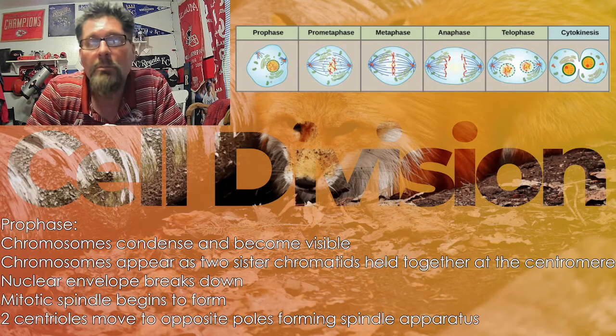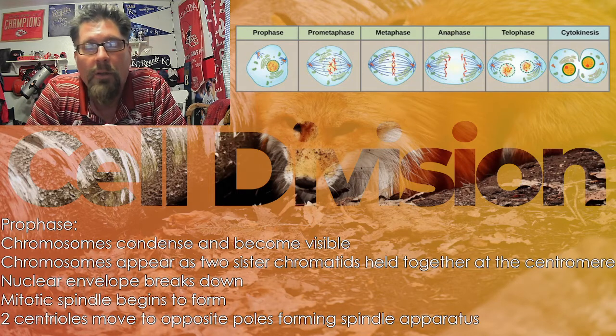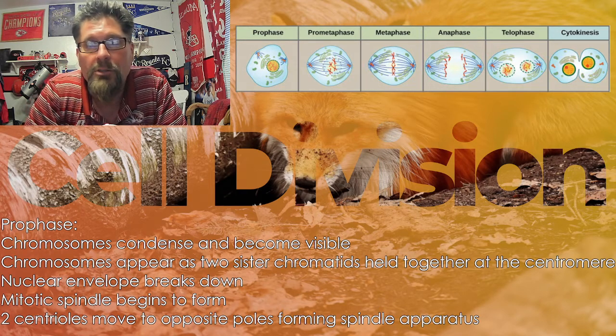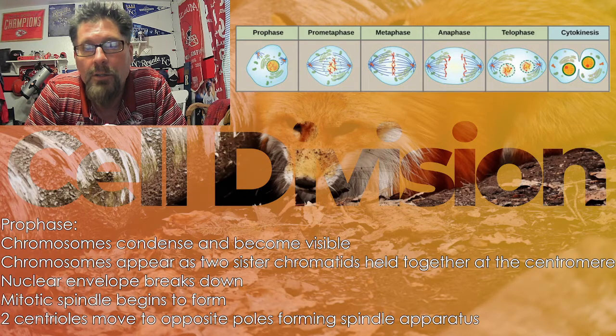Now we're talking prophase. One of the things that I tell the students, especially if you're looking at it through a microscope or a microscopic slide, is P for prophase, P for pile. Things are all piled together in the middle, and just around. You still have the nucleus there.